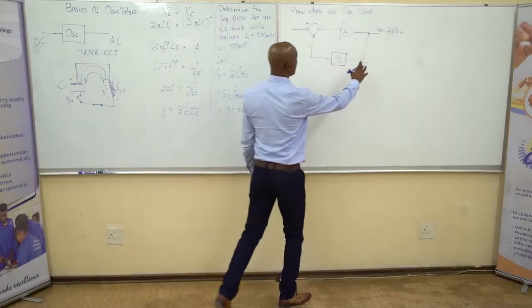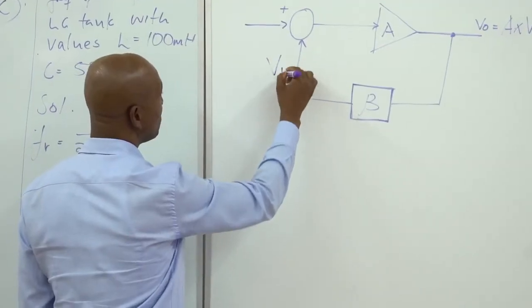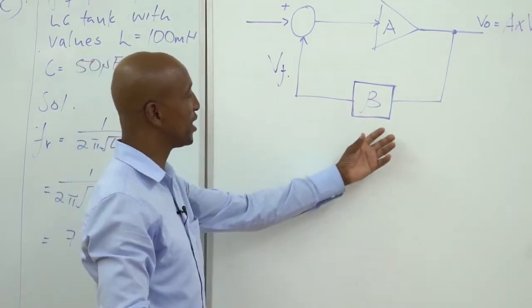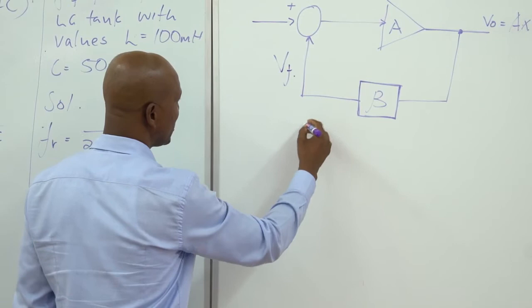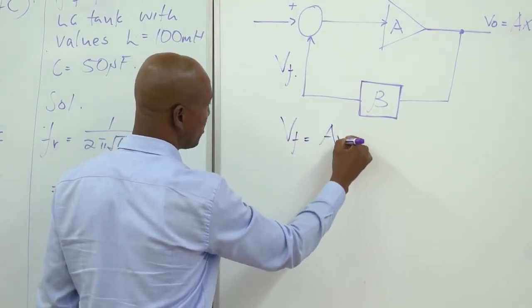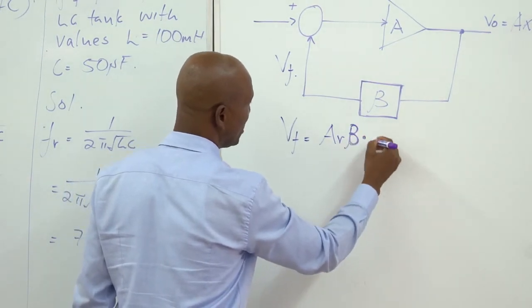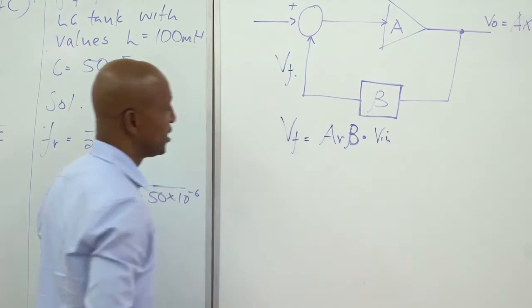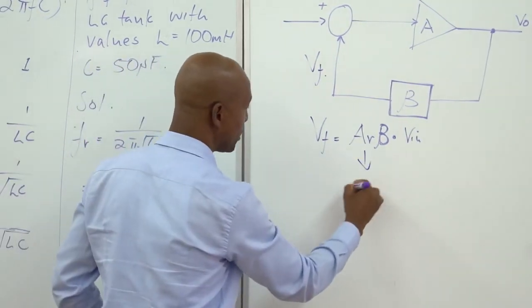So that is our V out. Here we have our V feedback, which is now given back by our feedback circuit. It can also be mathematically expressed as A V in times beta. This simply tells us this is the loop gain.